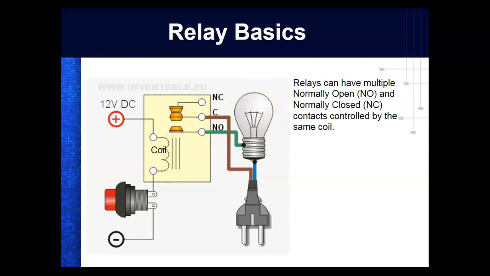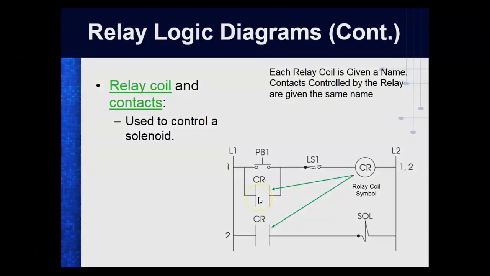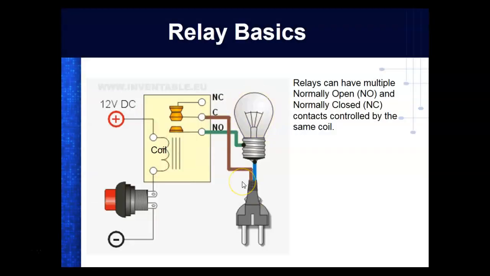Now, if I was to draw the diagram for this, if it lets me, it'd be a real simple circuit. I would come over here, I'd draw my two rails.